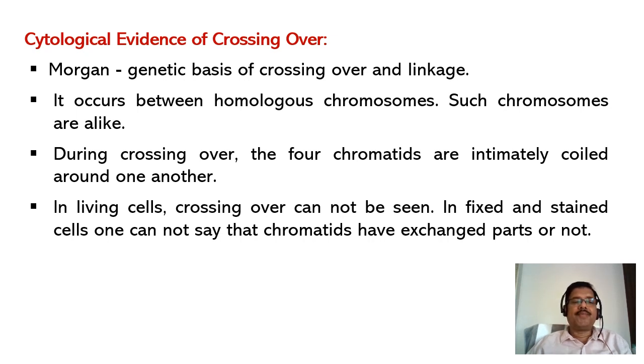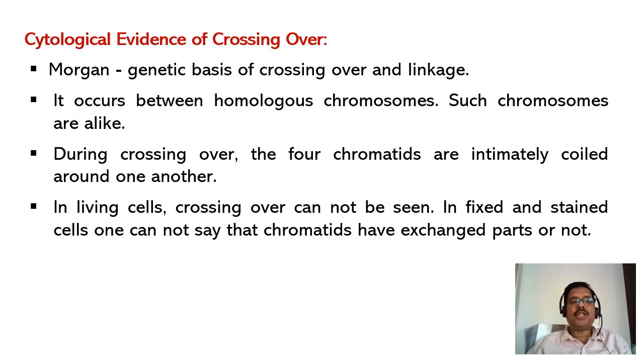Secondly, during crossing over, the four chromatids are intimately coiled around one another. Third, in living cells, crossing over cannot be seen, and in fixed and stained cells, one cannot say whether chromatids have exchanged parts or not.